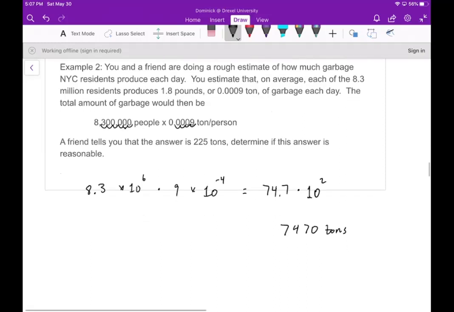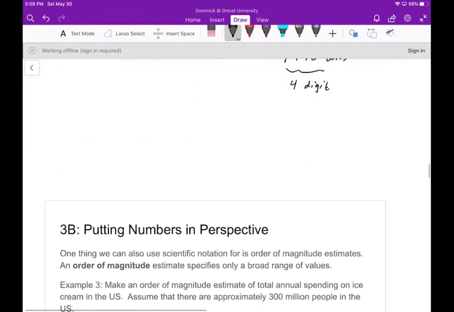And the idea here is that this is, of course, a 4-digit number, and your friend said a 3-digit number, right? So this answer really isn't that reasonable, right? Because based on this calculation, we're getting something that's much, much larger than what the friend told you, okay? So that gives you a way that you can sort of quickly see if an answer makes sense or not.